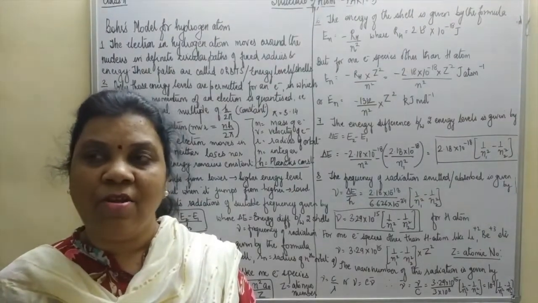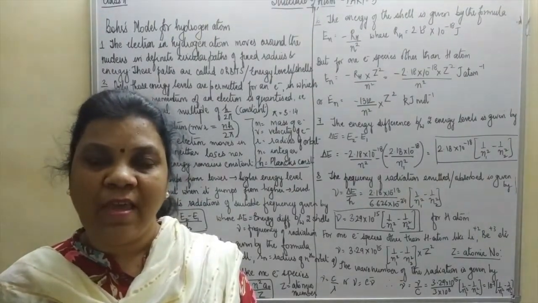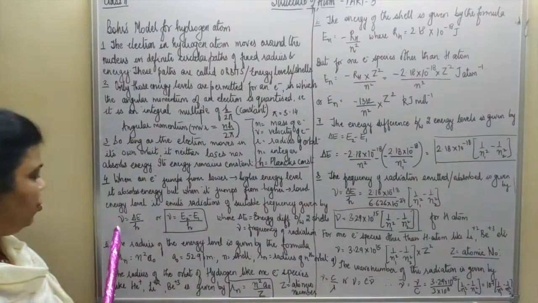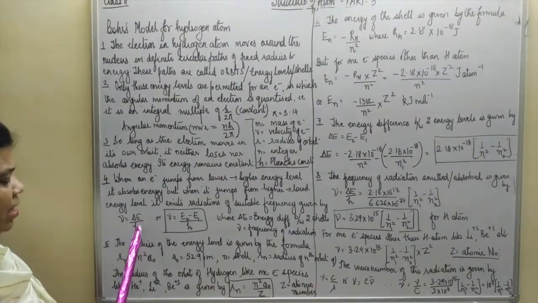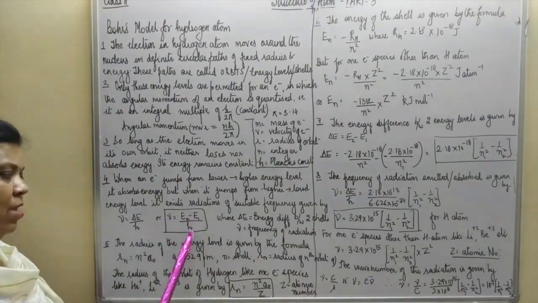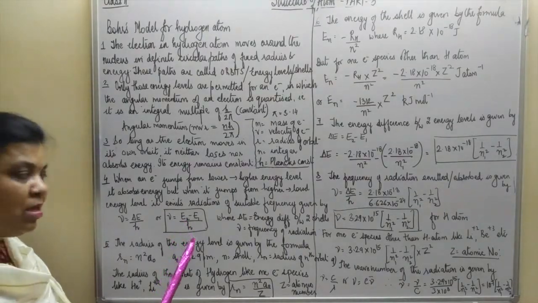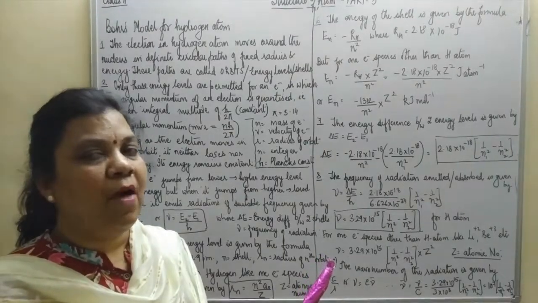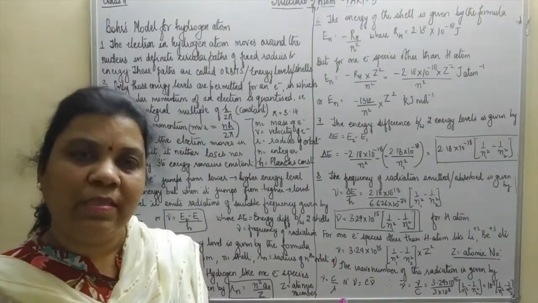These energy levels or orbits have energies, let's say, E1 and E2. So nu equals delta E by h, or nu equals (E2 minus E1) by h, where h is Planck's constant, the value of which is 6.626 into 10 to the power minus 34 joule second.